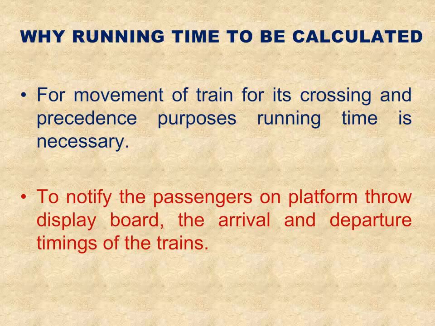Why should running time be calculated? For movement of trains, for their crossings and precedence purposes, running time is necessary. To notify the passengers on the platform through display boards of the arrival and departure timings of the trains.